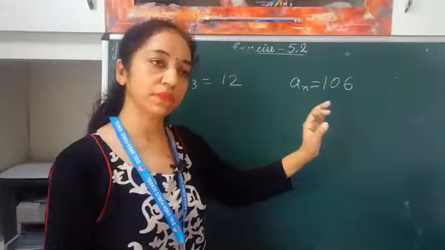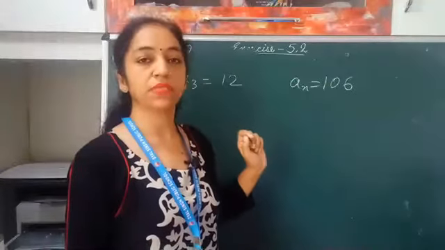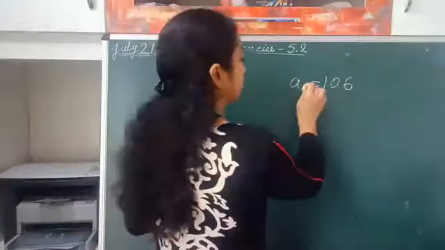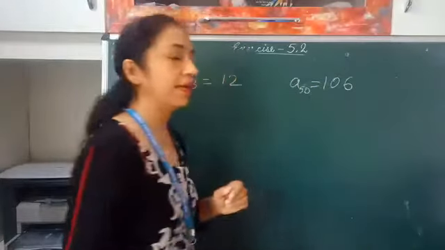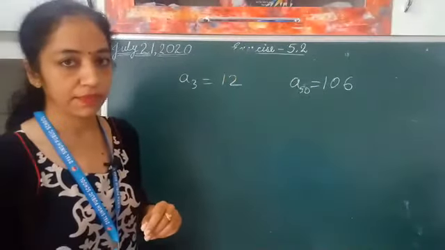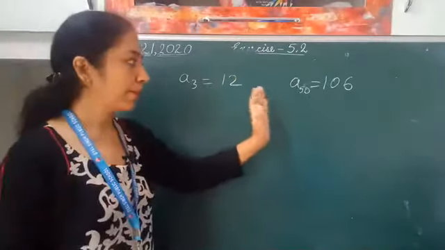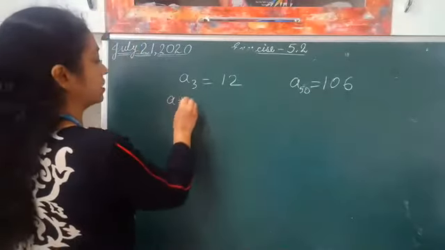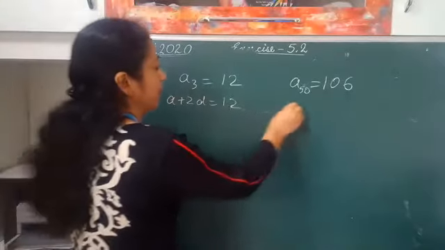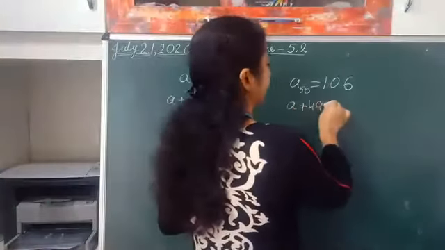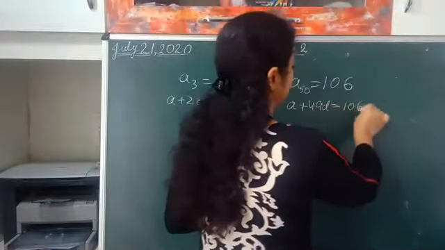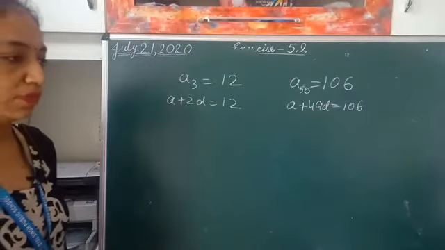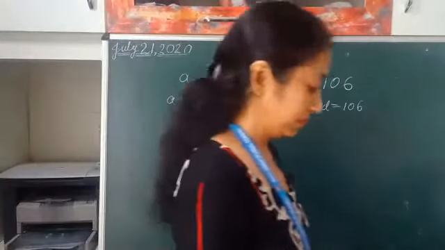Total terms are 50. तो यहाँ पर हम इसको an लिखें या a50 लिखें, एक ही बात है. और ये हो जाएगा a plus 49d के इक्वल. Now you have two equations. A plus 2d is 12 and A plus 49d is equal to 106. Subtract the two equations to find the value of A and D.